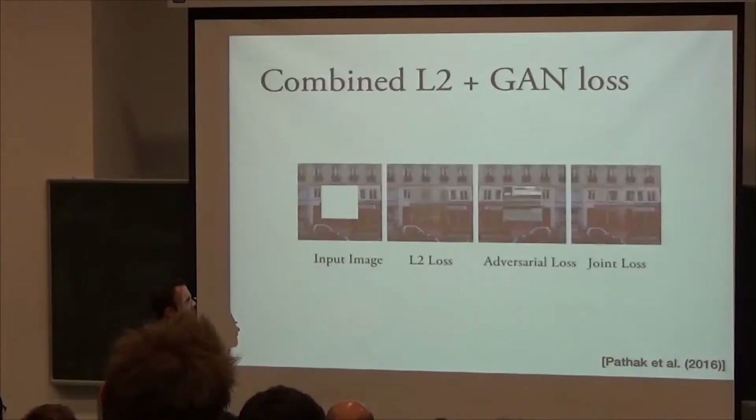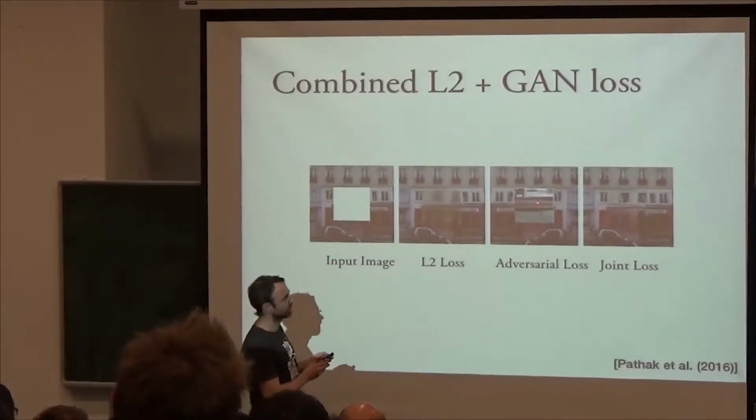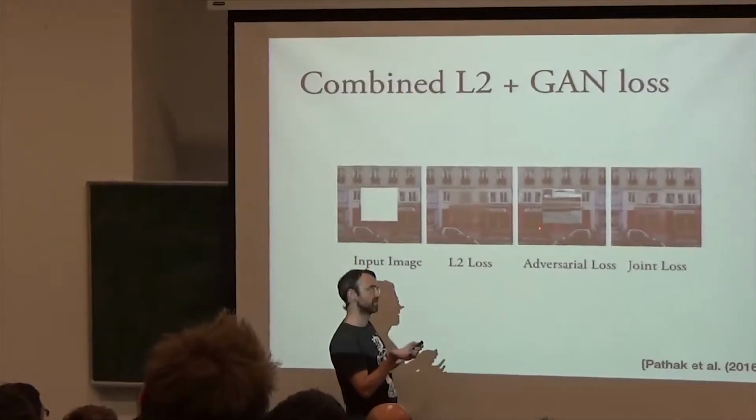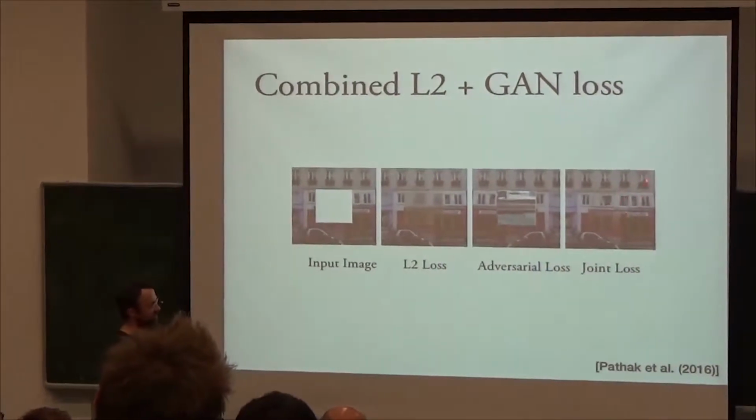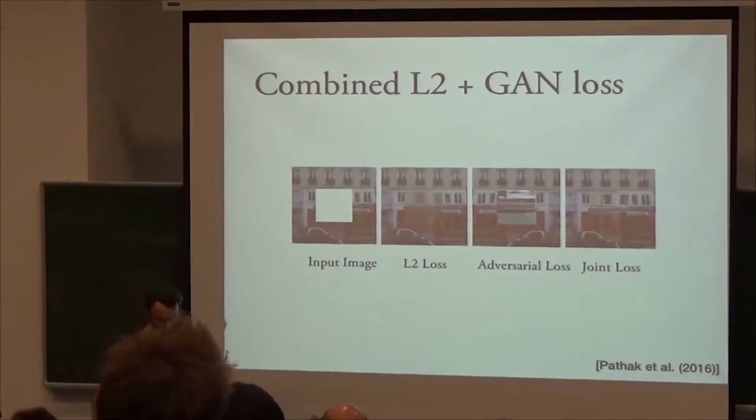If you try L2, you get very blurry answers. You can try an adversarial approach, which looks kind of wacky, and then they have a combined loss function which combines the two to give a reasonable answer.